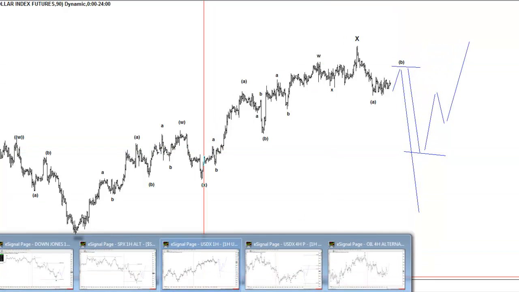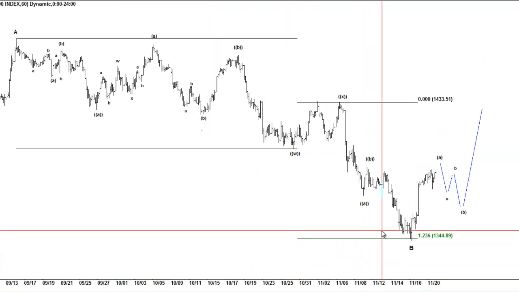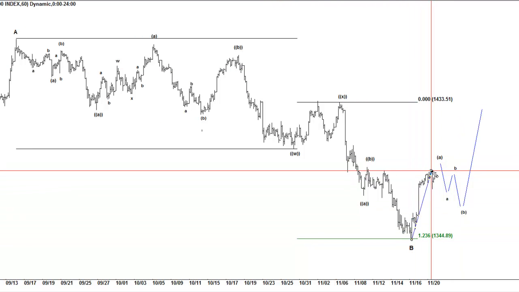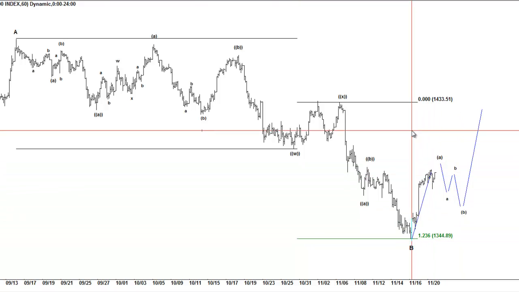The reason why I feel comfortable doing that is because of this. Look, this is the S&P 500, 5 weeks out of that low right there. Even if it makes another marginal new high, that's also going to be 5 weeks.